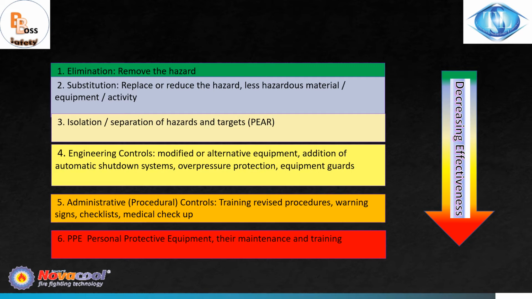And we put red with the PPE. We know that PPE is a must, but the hazard is still there. We did not remove the hazard. So that's why I use this red color, just to remind you that with the PPE we have accepted the hazard rather than trying to do something about it.